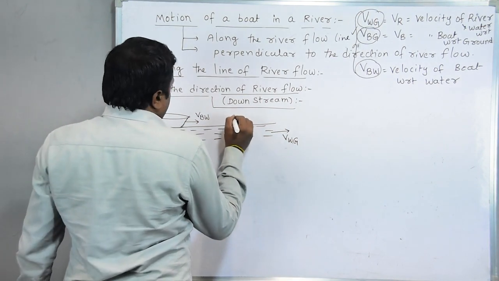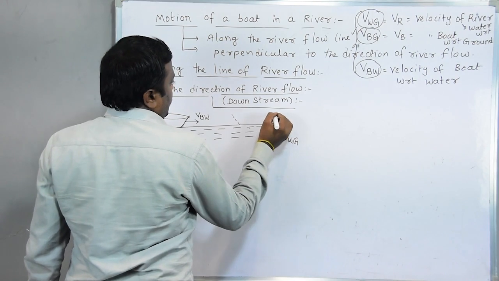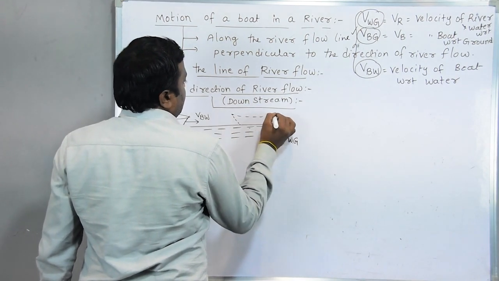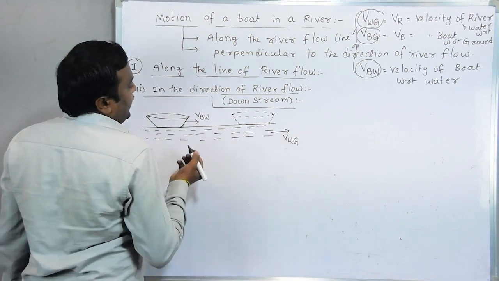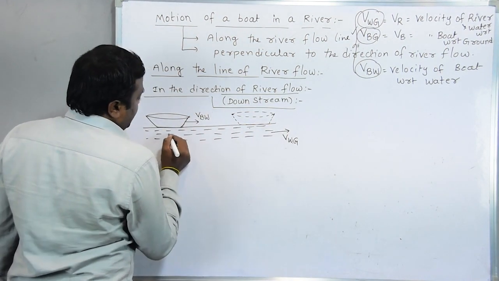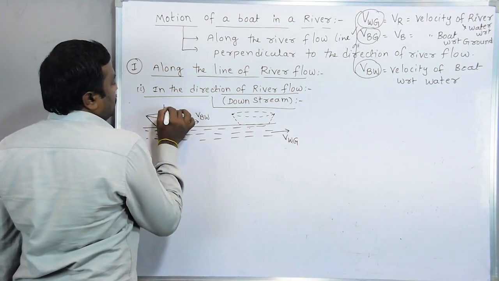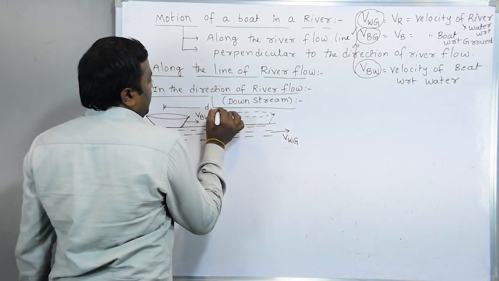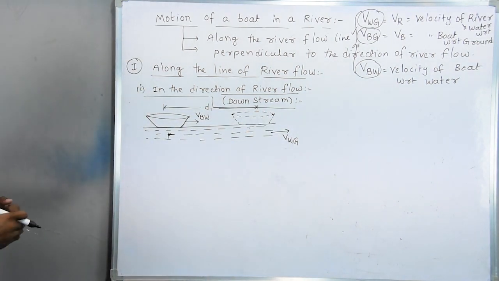Now after traveling some distance, the time taken T you consider, and this distance also you consider as some D1. Got it?